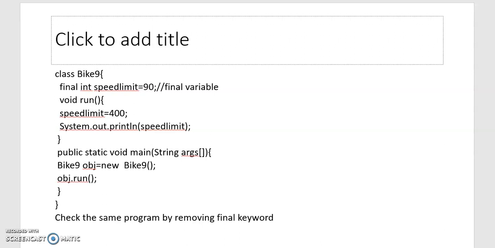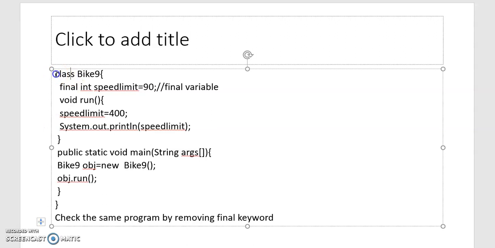Typically, if this variable is not final, it can be edited and substituted with the value 400. If a final keyword is added, it will definitely not be replaced and it will lead to an error. So we'll run this program and see the outcomes with and without a final keyword.